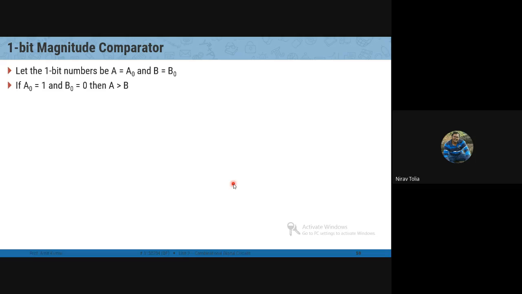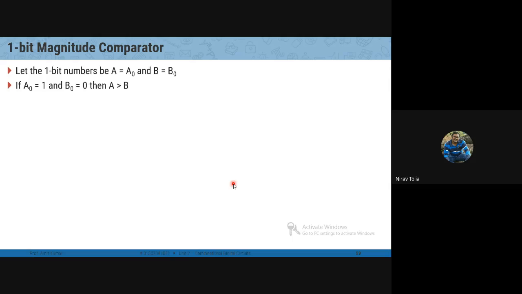So we can say A is greater than B if my A0 is 1 and B0 is 0. What is the possibility of A less than B?